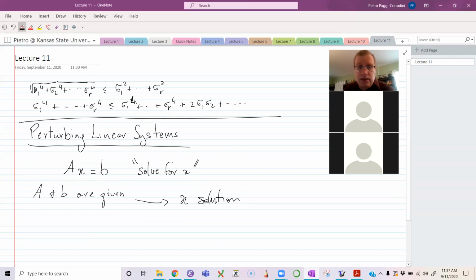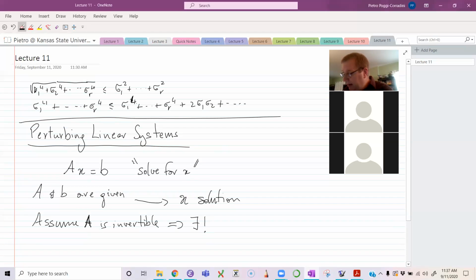So, let's assume here for simplicity that A is invertible. And we know in that case there exists a unique solution.